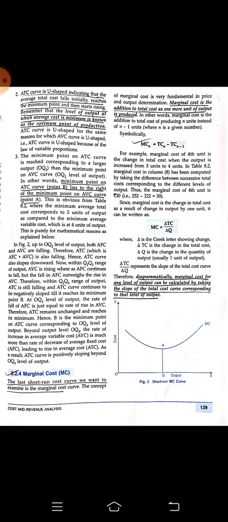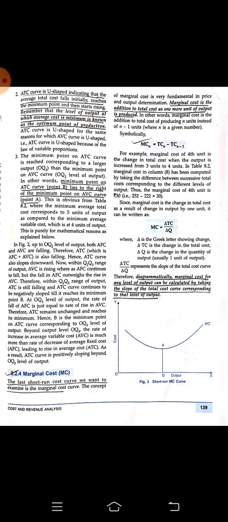So in order to understand this diagram, we have to take a few assumptions. First, marginal cost has nothing to do with the fixed cost. Secondly, the same marginal cost is associated with the total variable cost and total cost. Marginal cost is U-shaped.